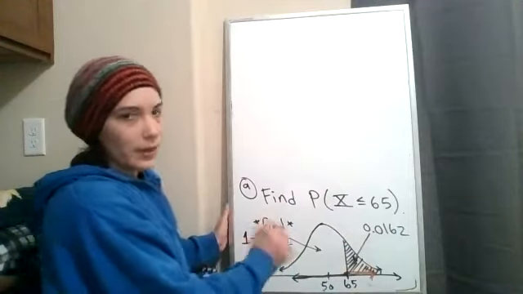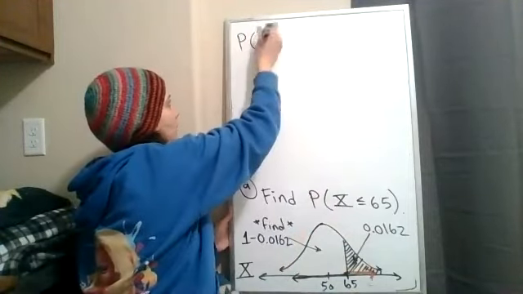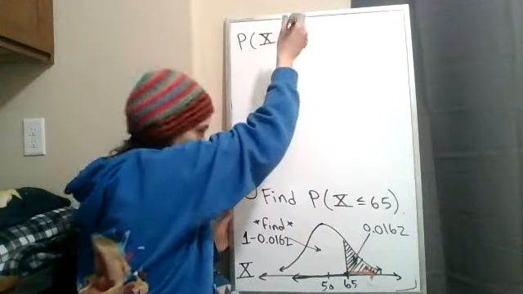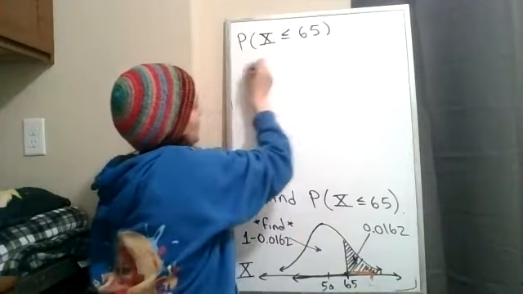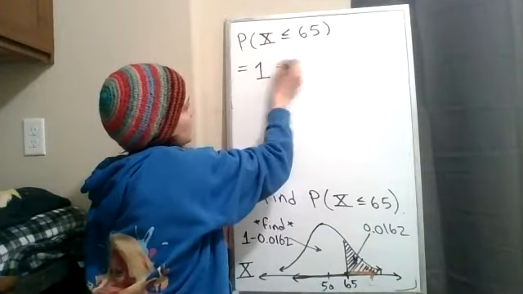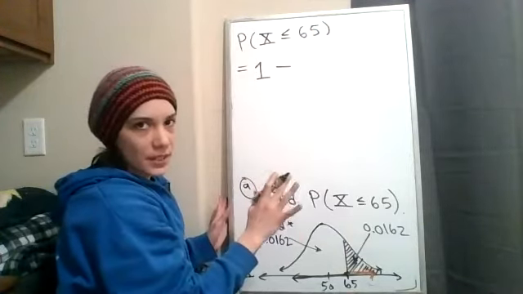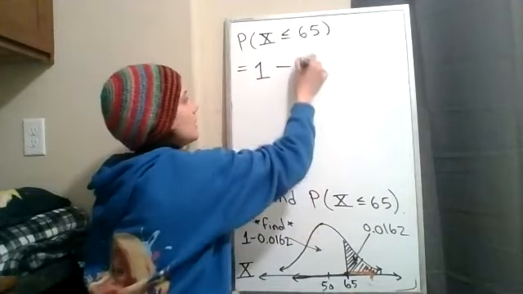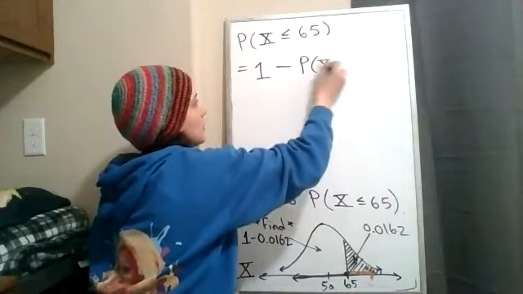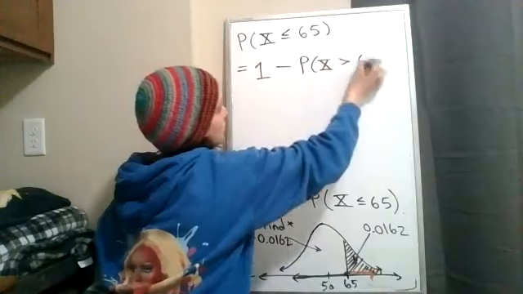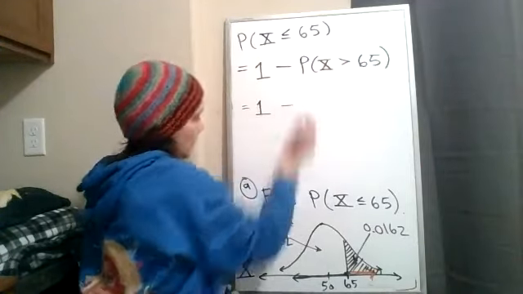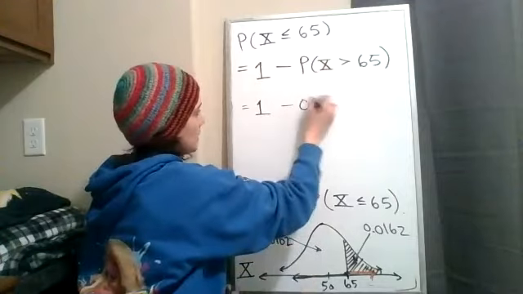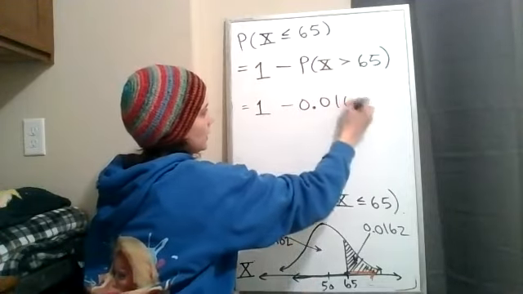In math symbols, we would write the probability that x is less than or equal to 65 equals 1, and then subtract the opposite probability of x being greater than 65. 1 subtract 0.0162.